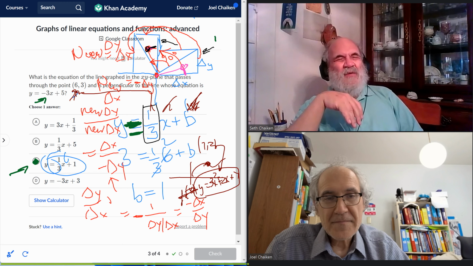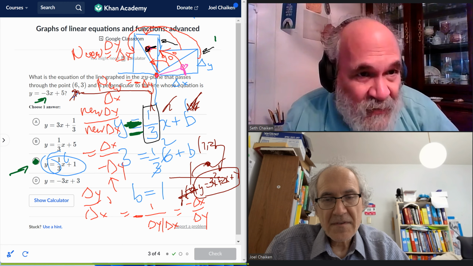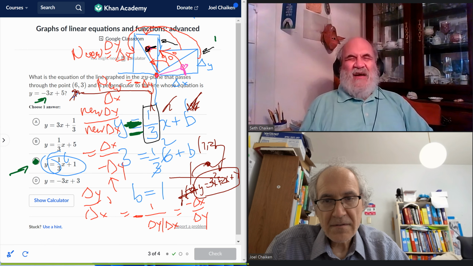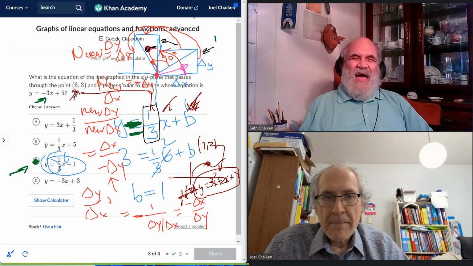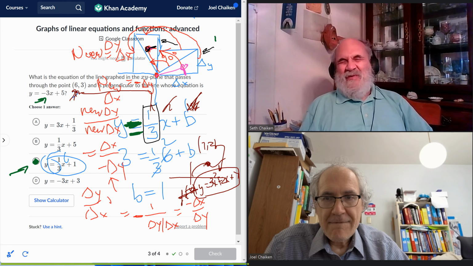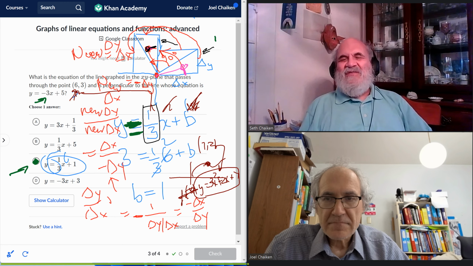Well, when you talk about the equation of a line, y equals, what's that line? y equals minus 3x plus 5. x and y are not unknowns. This is an equation for a line, and it means that the points on the line are those that have coordinates such that if you put them into the equation it becomes true.